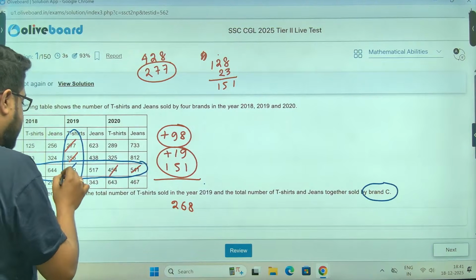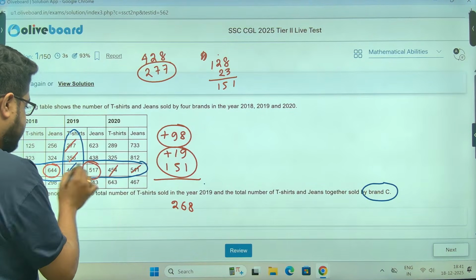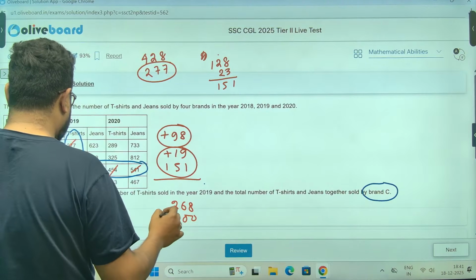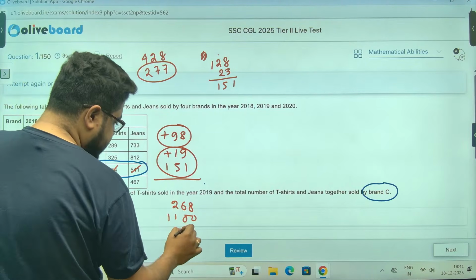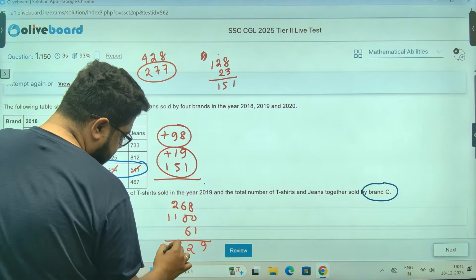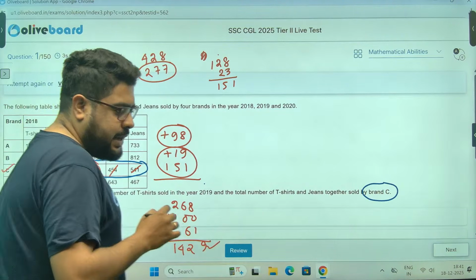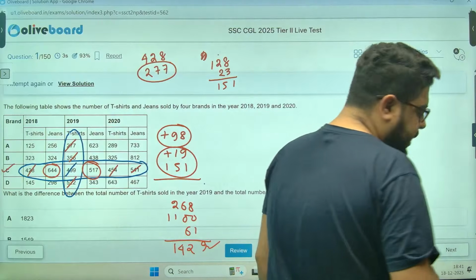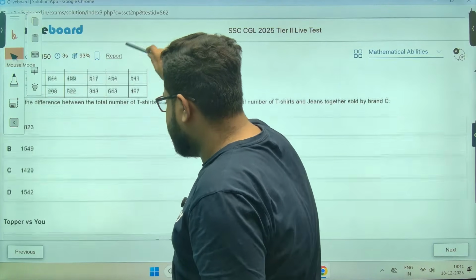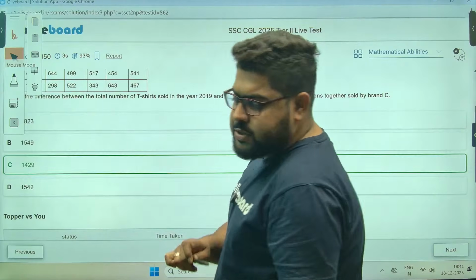And these two, 6 and 1100. And 44 and 16, meaning 60, 61. So 9, 12, 13, 14. 1429 will be the answer. 1429 should be the answer. Let's see. 1429, you see, option C.